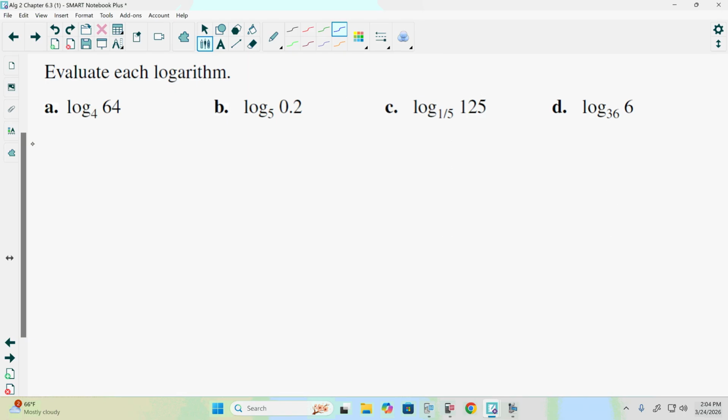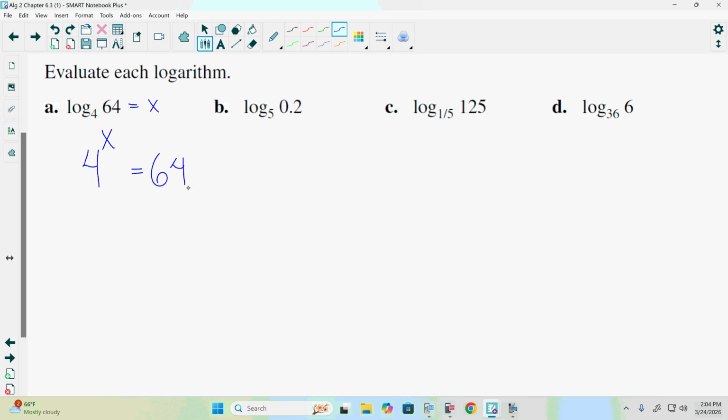And we can use that, and kind of as we've been talking with these logarithms, to figure them out, to solve them. Log base 4 of 64, we're wanting to know what this equals. Well, this is the same as saying what? 4 to the x is 64.